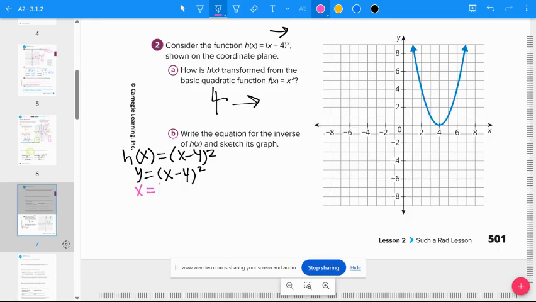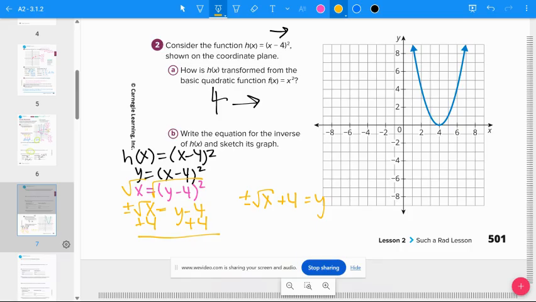So now we have x equals y minus 4 squared. And now we're going to solve for y to get y alone. I have to square root both sides, so I have plus or minus the square root of x equals y minus 4. To get y alone, I have to add 4 to both sides. So we're getting plus or minus the square root of x plus 4 equals y.